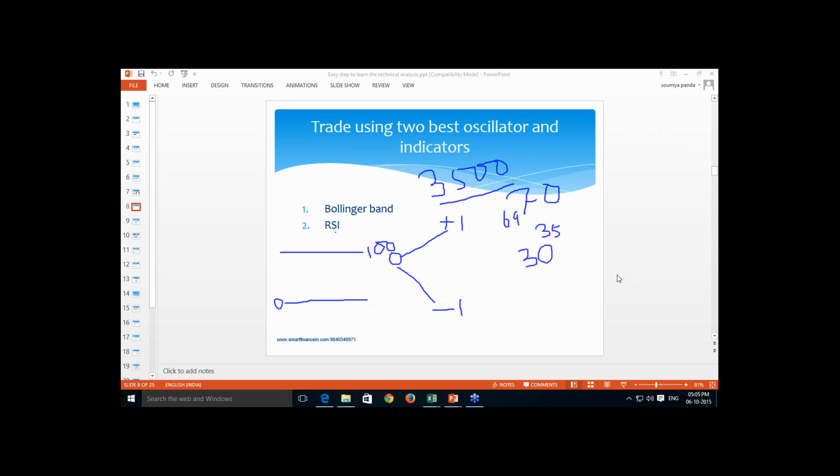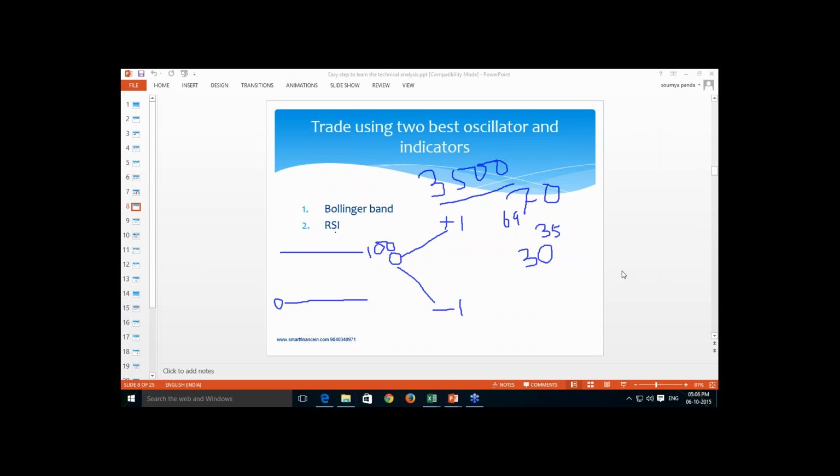So when your aim is to get future information from these particular indicators and oscillators, we have to modify those things a little bit for our requirement.